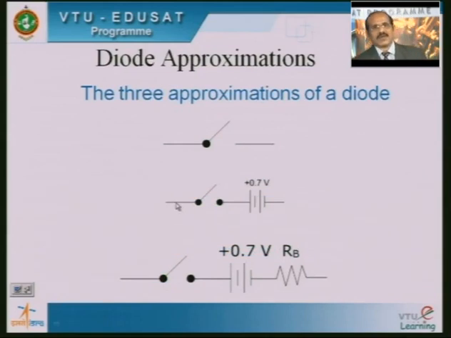And finally, we have also discussed three approximations of a diode. In the first approximation, the diode is represented by either an open switch or a closed switch. In the second approximation, the diode is represented by a switch in series with a 0.7 volts battery, whereas in the third approximation the diode is represented by a switch in series with 0.7 volts in series with RB.